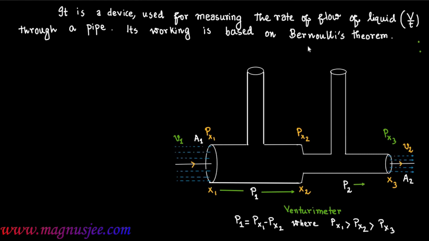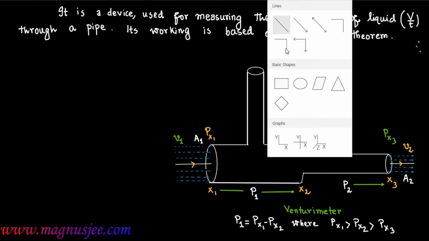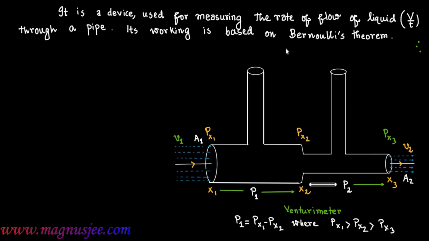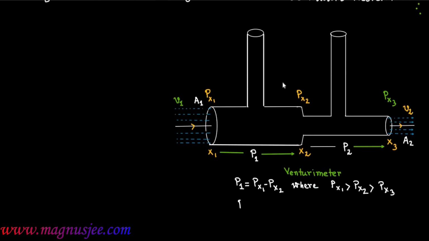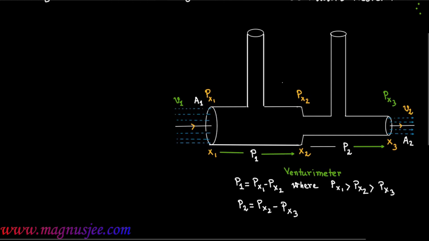P2 is the pressure difference acting across the second pipe X2, X3, where P2 is equal to Px2 minus Px3. Px2 and Px3 are the liquid pressures at the ends X2 and X3.